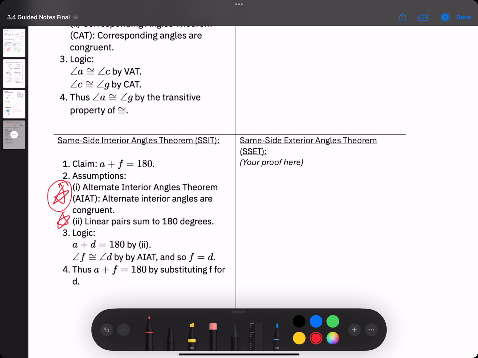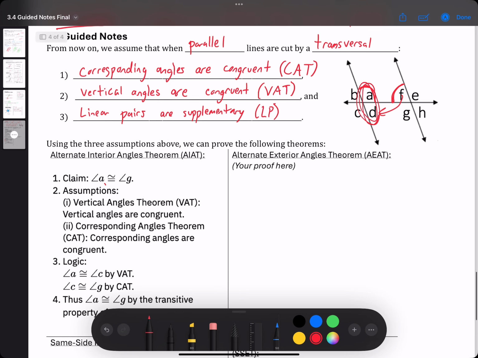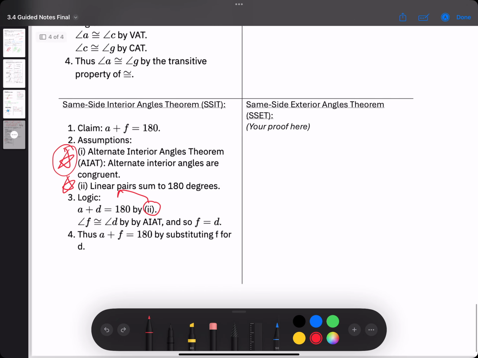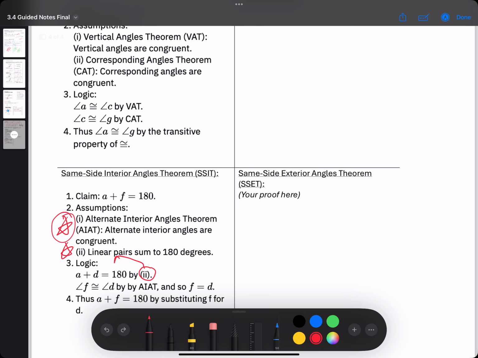And then our logic is, well, A plus D is 180 because of 2. That's the linear pairs, because A and D form a linear pair. A and D make 180 degrees. Angle F and D are the same by the alternate interior angles theorem, so the two measures are the same as each other.